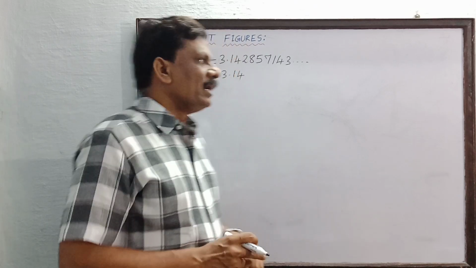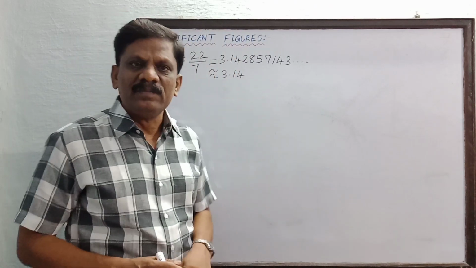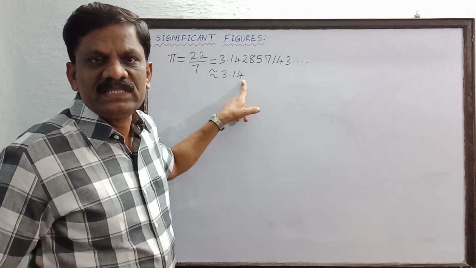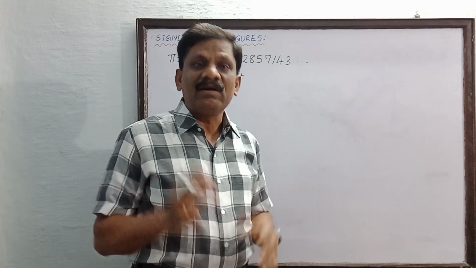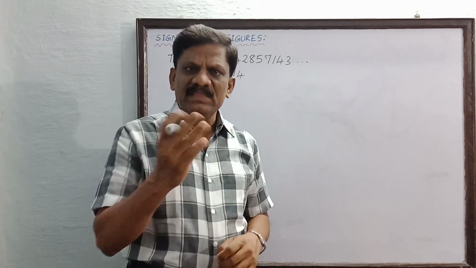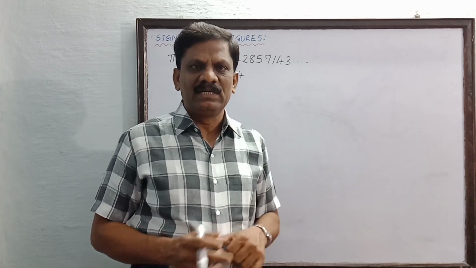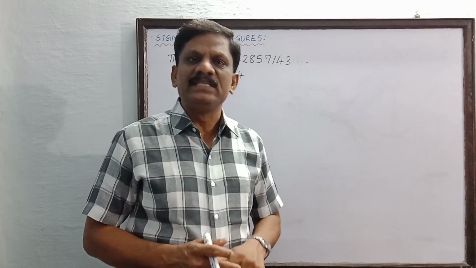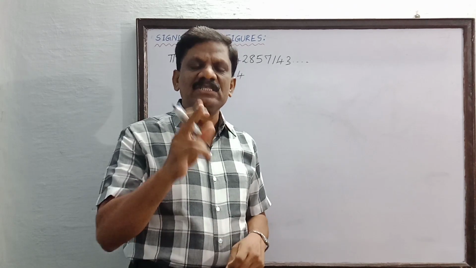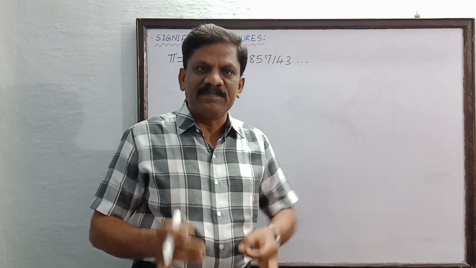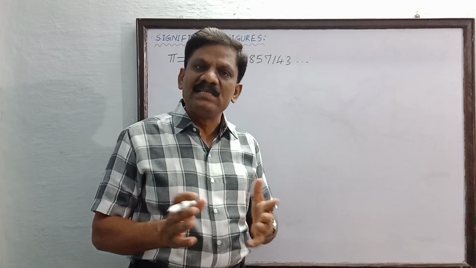And out of these 3 digits also, the digit 4 at the end of the number is uncertain. With that or without that I can write, depending on the value of the previous number. So I can round this number to 2 digits also. So only the first 2 digits are very certain and the third digit is uncertain.